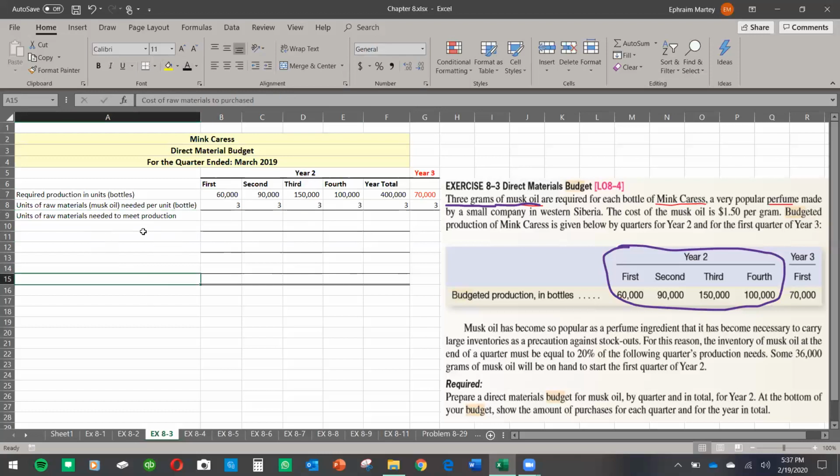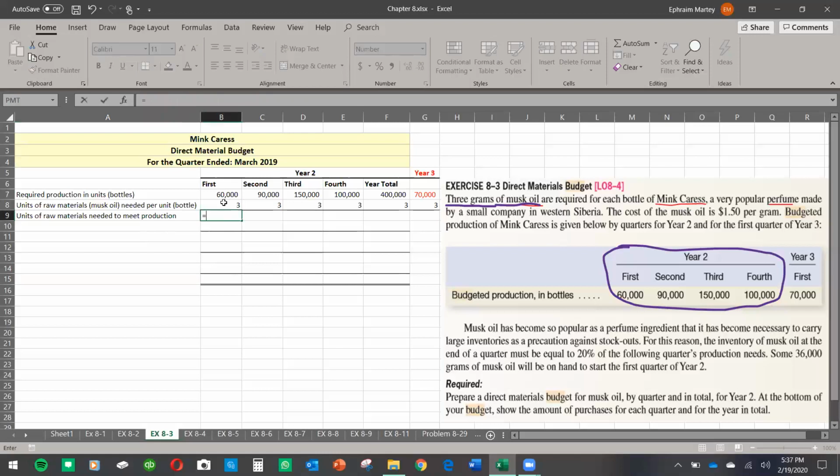It's the units of raw materials needed to meet production. If we are going to produce 60,000 bottles and each unit needs 3 grams of oil, how many grams of musk oil would we need? That's when we multiply the 60,000 by the 3, and then we just drag it all the way across.